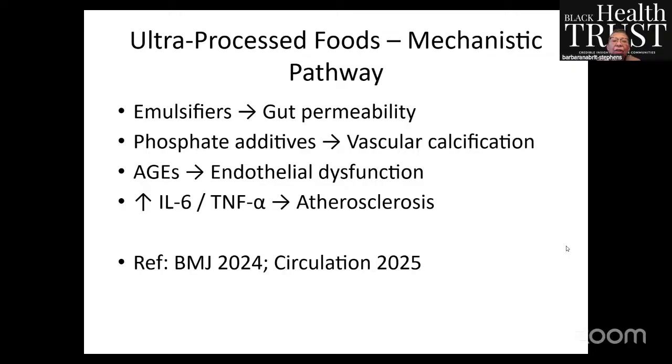AGEs lead to problems as you get older, you have more dysfunction of the endothelial wall, or that vessel wall. Increased interleukin 6 or TNF alpha leads to the creation of plaques, medically known as atherosclerosis. And that's also hardening of the arteries, we used to call it, right?